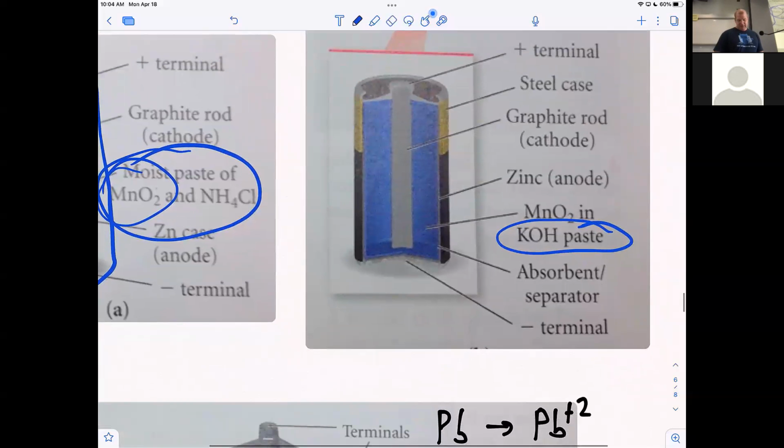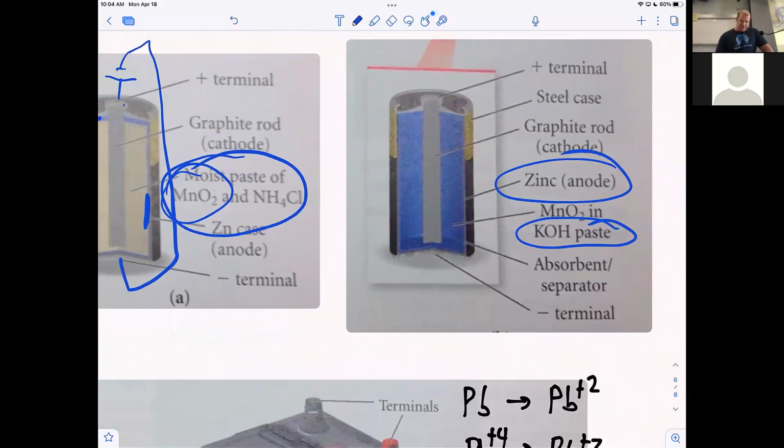Typically speaking, the alkaline batteries die when the zinc goes away. So the limiting reagent on the alkaline batteries is the zinc. The problem with alkaline batteries is, I mean, they're light, they're cheap, they're great, but they're not really easy to recharge.